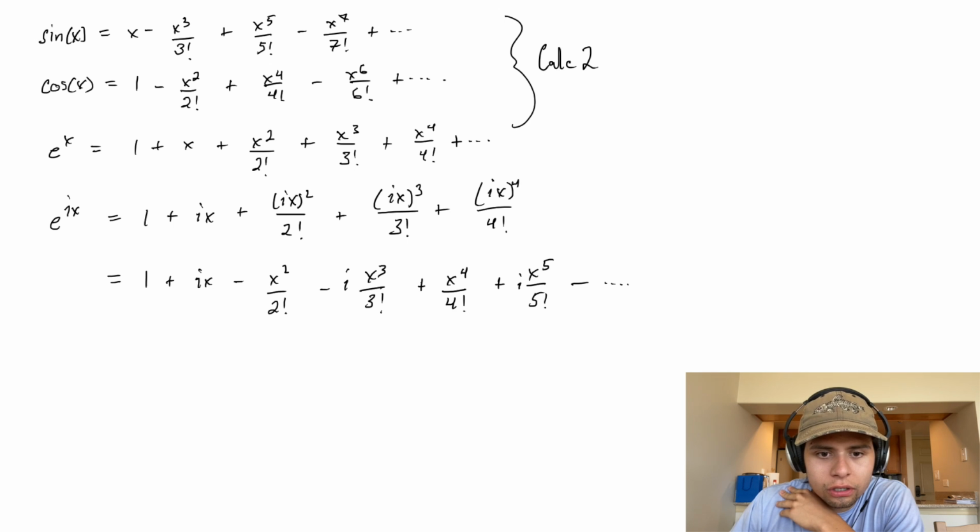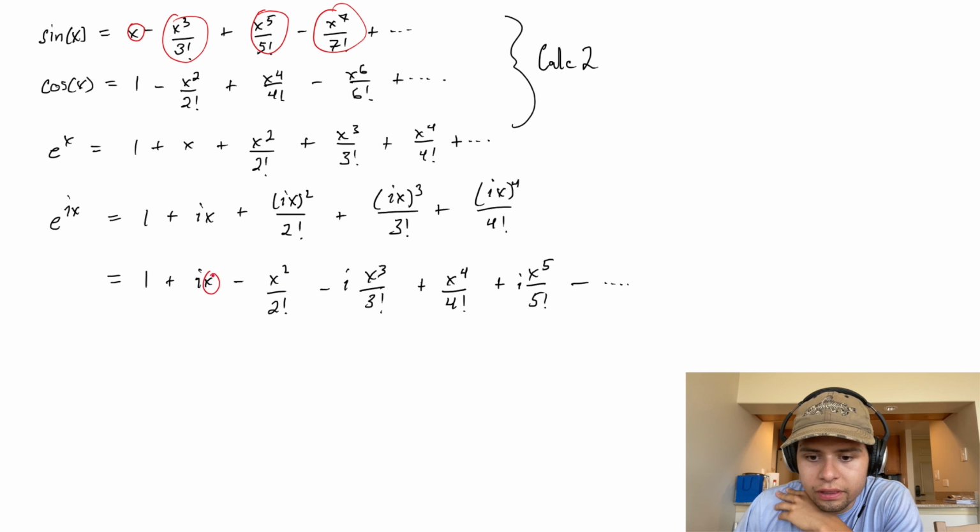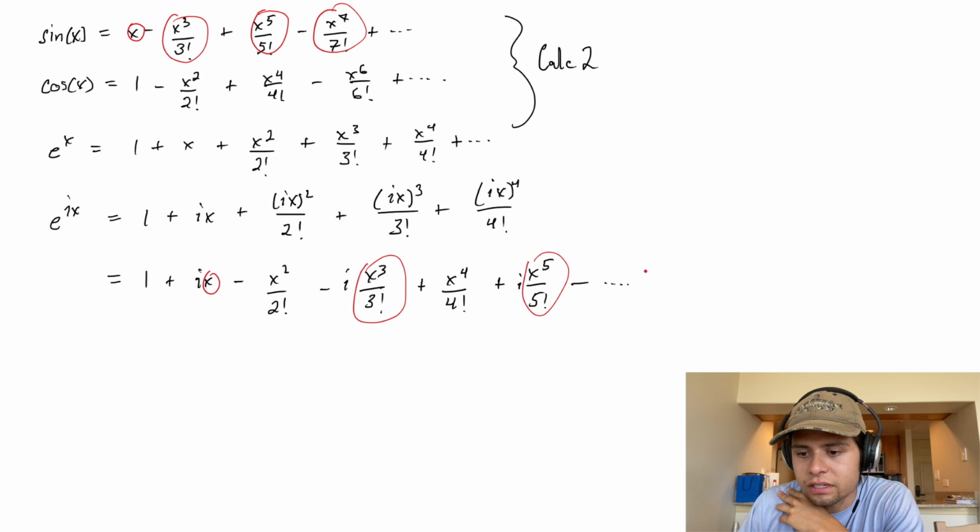So let's take a look. I'm going to use a little bit of color here. So we have x, we have this guy, and this guy, that's right there, and right there, and then I actually don't have an x to the 7th out here, but you kind of start seeing the pattern. Wherever we have these guys, we have i's in front of them.